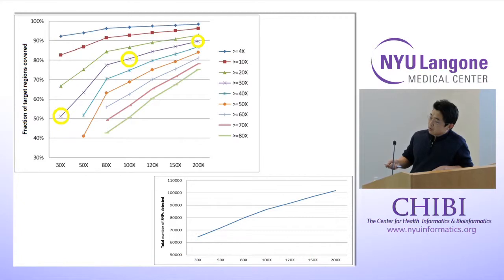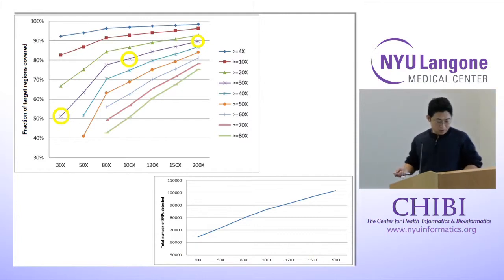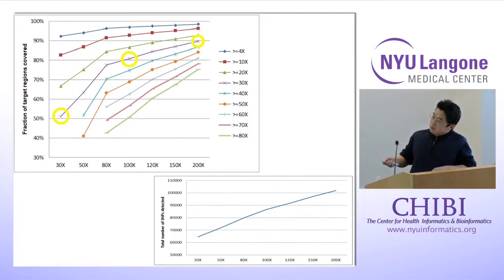As an example, at 30x coverage, less than about 50% of the regions are covered at 30x, and if you want to achieve a higher percentage covered by 30x, you may need 100x coverage.